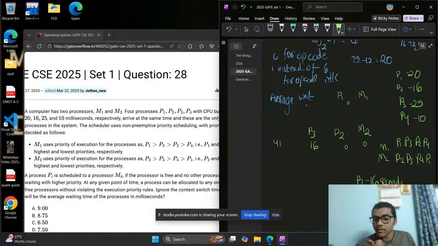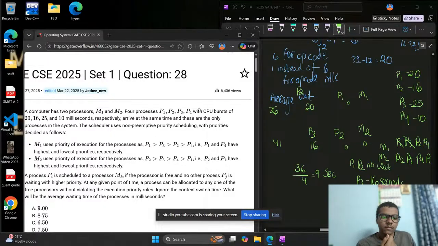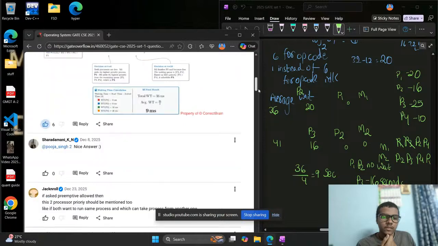At 20 seconds, in priority, P1 is done, P3 is there, P2 will be put over here, and P2 will be completed at 20 plus 16, 36 seconds. So P1 and P2 have no wait time, and P4 waited 20 seconds. That is 36 seconds, divided by 4, that is 9 seconds. Wow, I solved it.